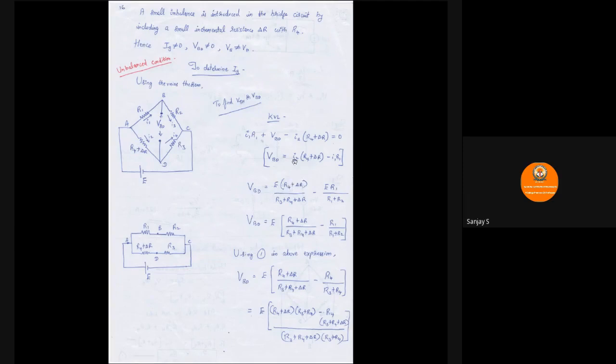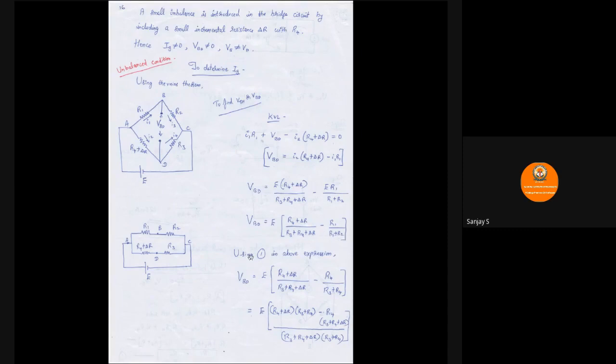In place of I2, I am writing E divided by R3 plus R4 plus delta R. In the second expression, I have R1, and in place of I1, I am writing E divided by R1 plus R2. Taking E as the common factor, I am left with (R4 plus delta R) divided by (R3 plus R4 plus delta R) minus R1 divided by (R1 plus R2).